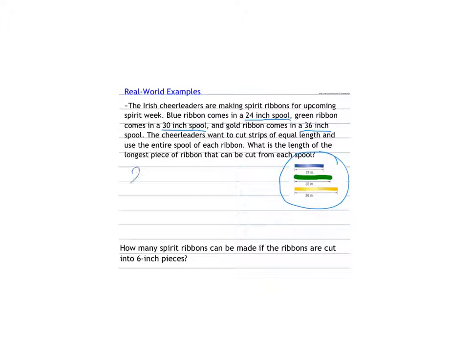So if I take 24, 30, 36, and I know that they can all be divided by 2. So 24 divided by 2 is 12, 30 divided by 2 is 15, and 36 divided by 2 is 18.